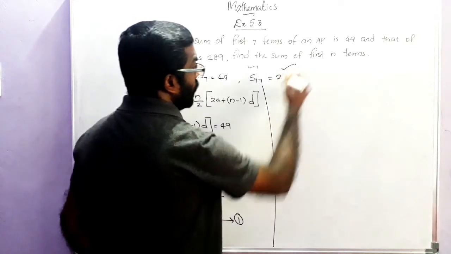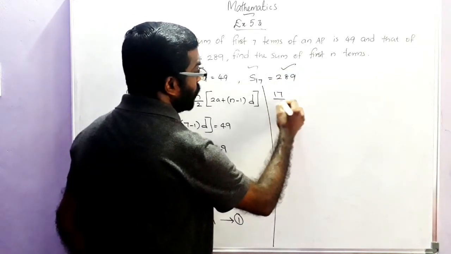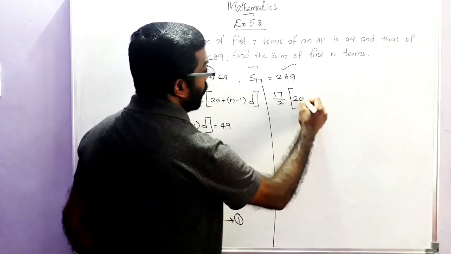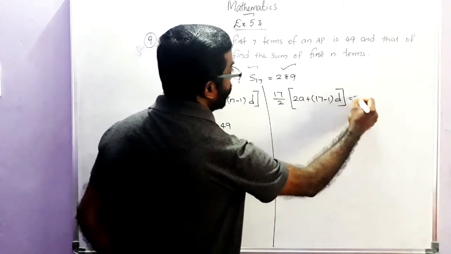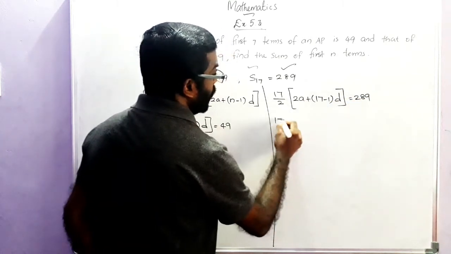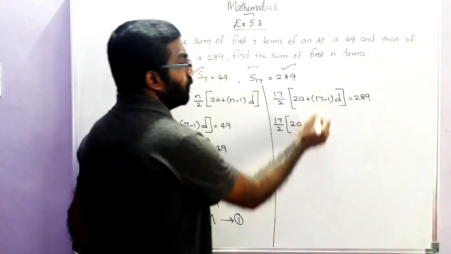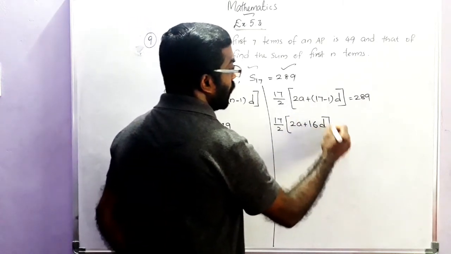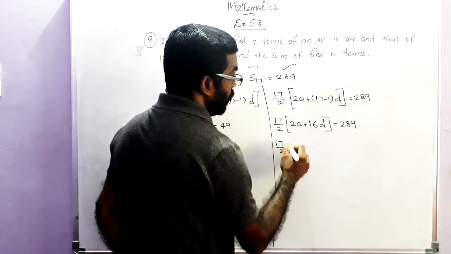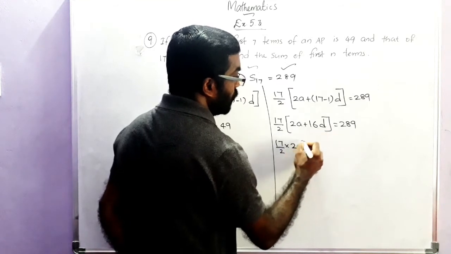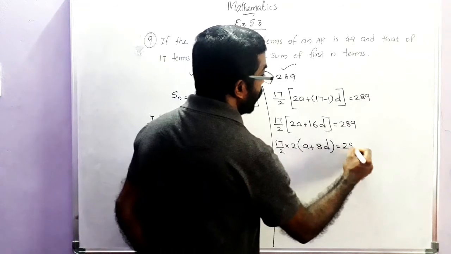Now from the second one, S17 is equal to 289. That is 17 by 2 into 2a plus 17 minus 1 into d, which is equal to 289. That is 17 by 2 into 2a plus 17 minus 1 is 16, 16d is equal to 289. 17 by 2 into, here also on 2 we can take common. 2 into a plus 8d is equal to 289.